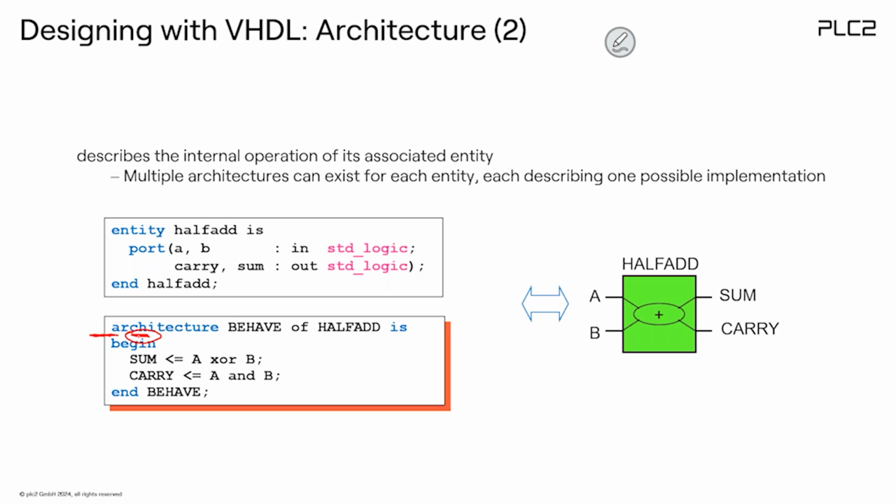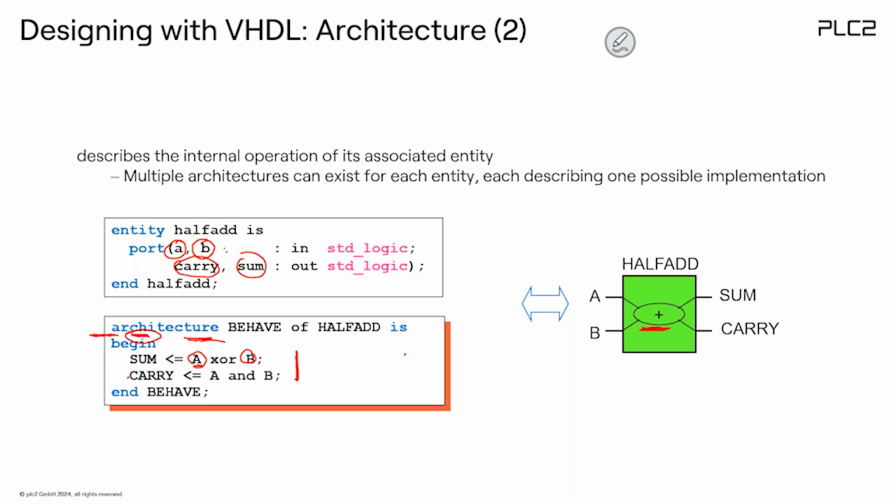Well, now the rule: all the ports, in this case A and B and carry and sum, which are used for the entity declaration are already completely defined and can be used immediately inside for doing the description. So there's no need for the port signals to be declared here. We can use them immediately. Therefore, these are the only signals we will use: A, B, sum and carry. So we don't have any declaration area.